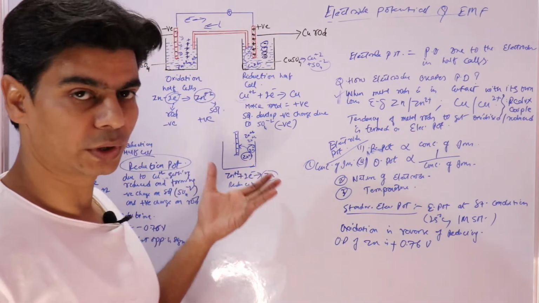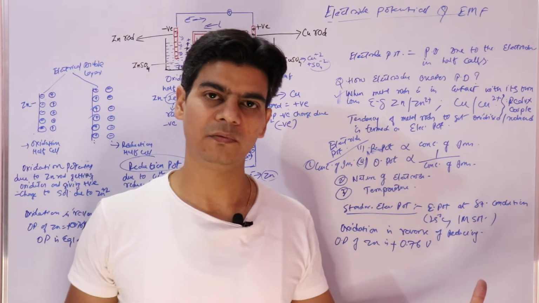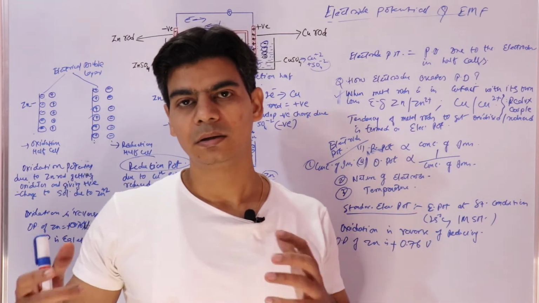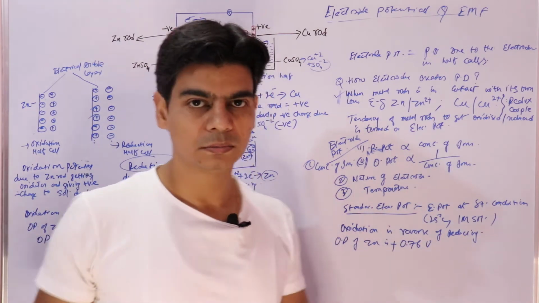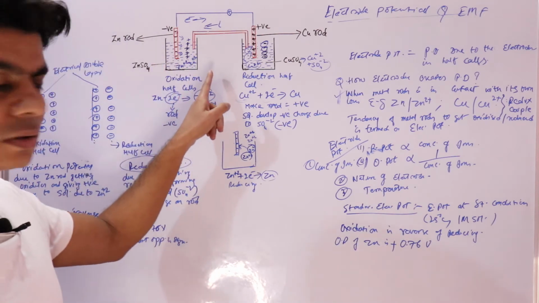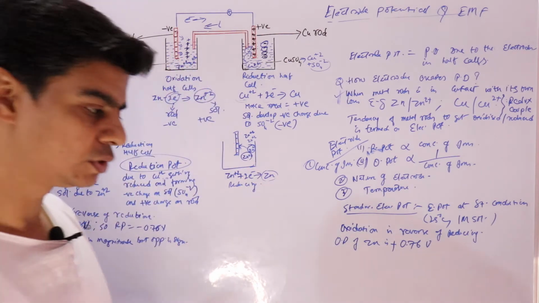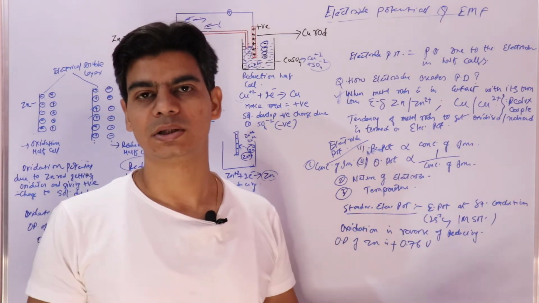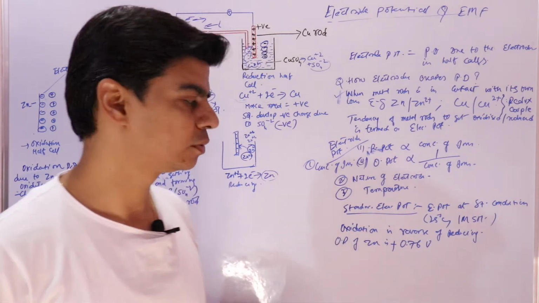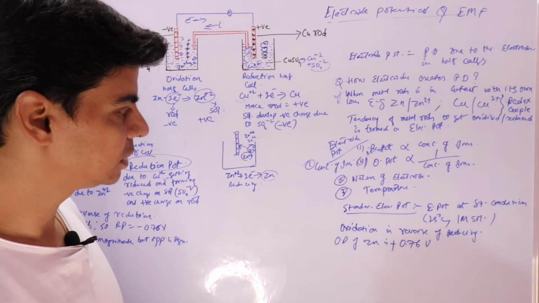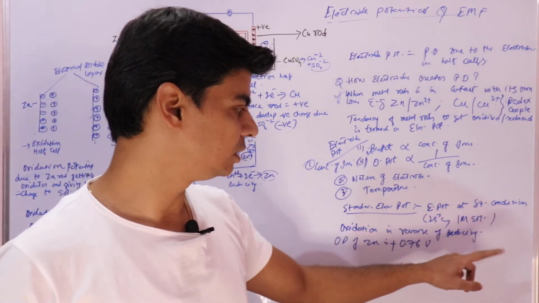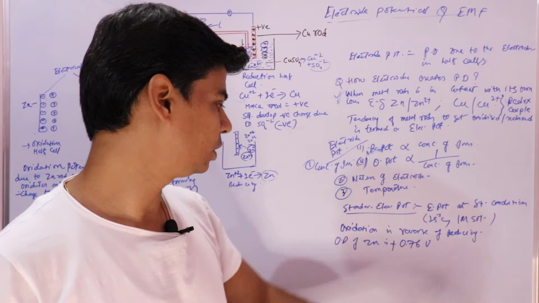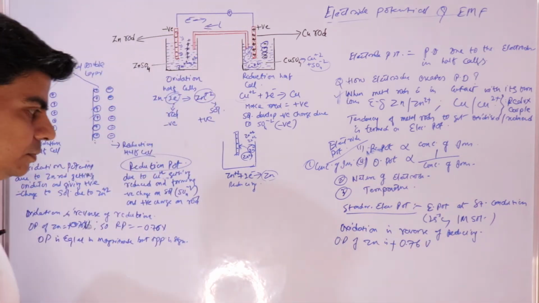The electrode potential we get at 25 degrees Celsius and a 1 molar zinc sulfate solution is the standard electrode potential.